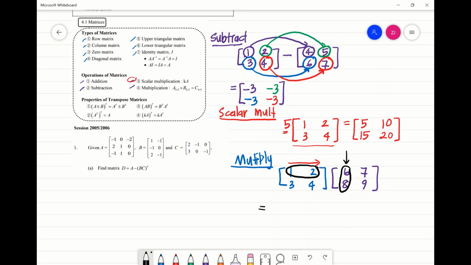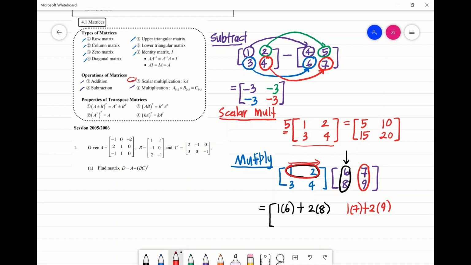So the result will be 1 times 6 plus 2 times 8. That is the first row of the first matrix multiplied by the first column of the second matrix. Next, we have the first row multiplied by the second column of the second matrix, so we have 1 times 7 plus 2 times 9.